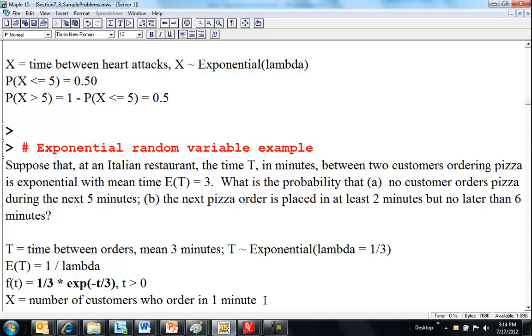So the number of customers who order in 1 minute would be a third of a customer per minute.